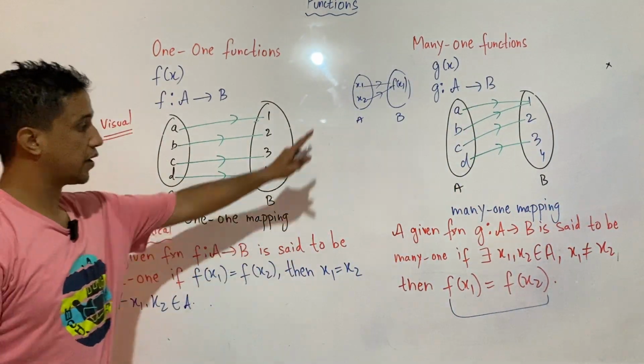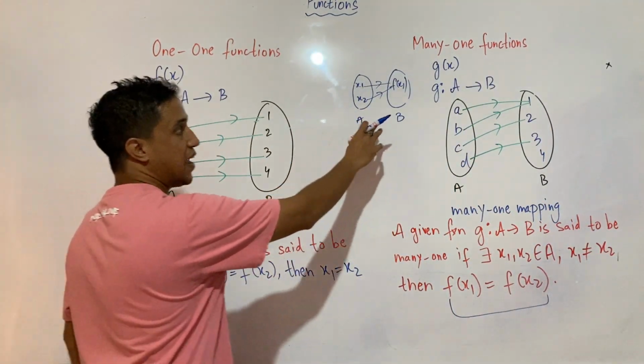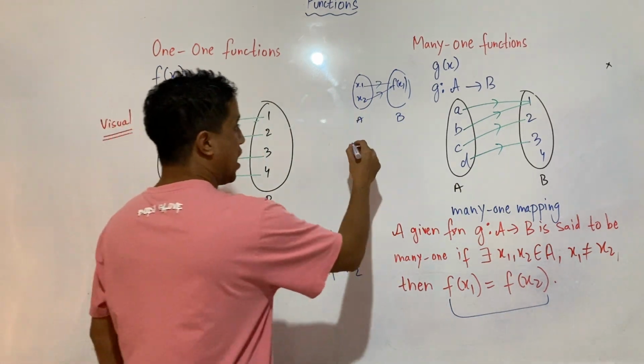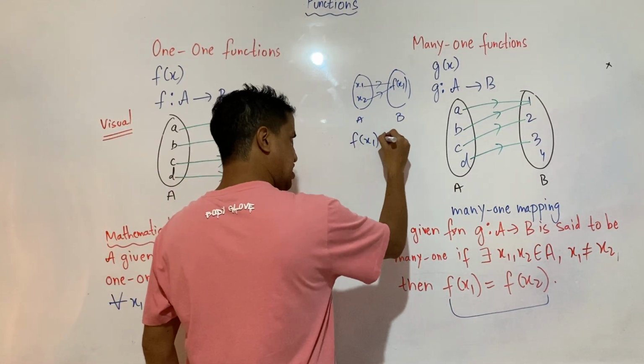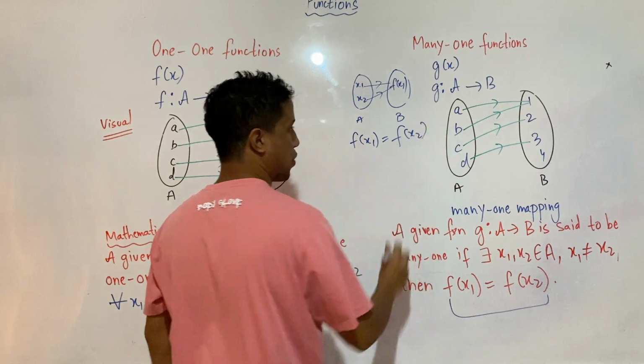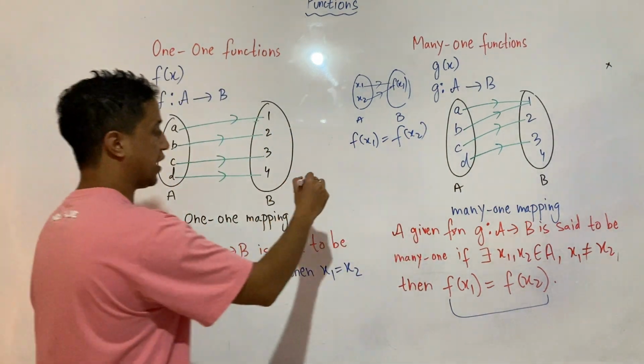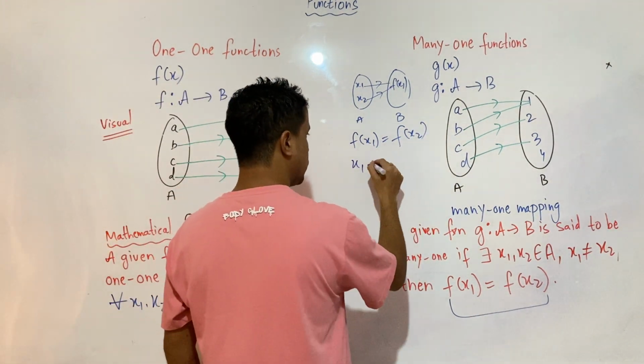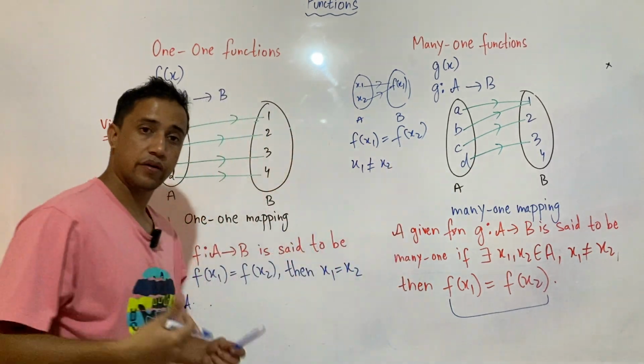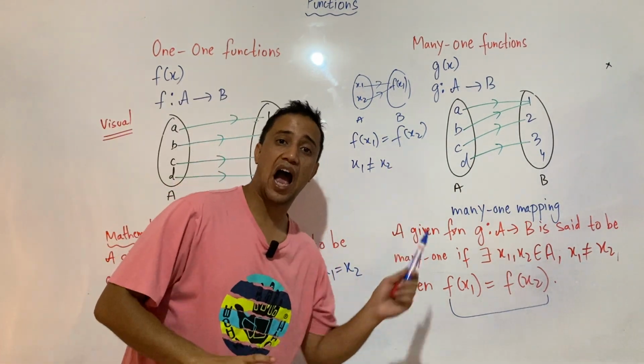Yes or no? Okay, so here in the many-one case, your f of x1 is equal to f of x2, but x1 is not equal to x2. Now you will say, how is it possible?